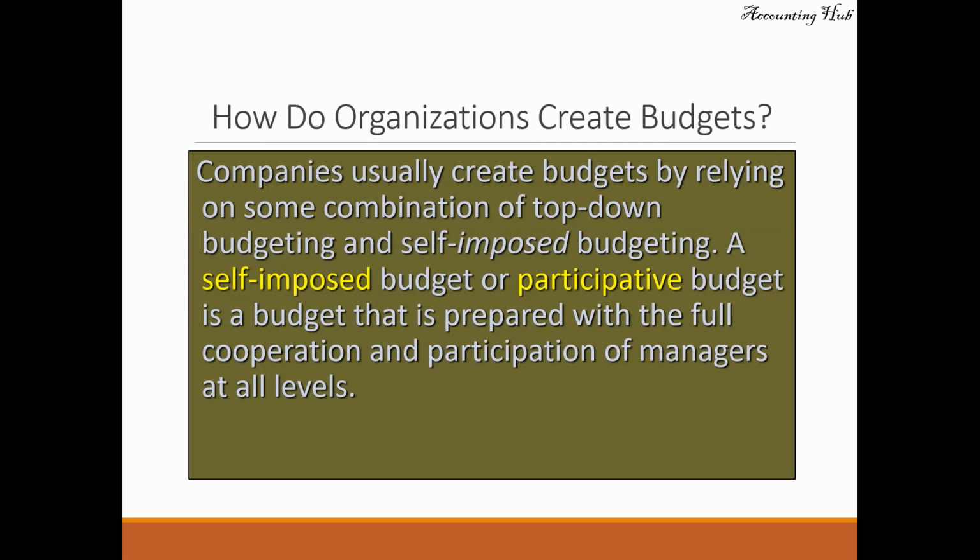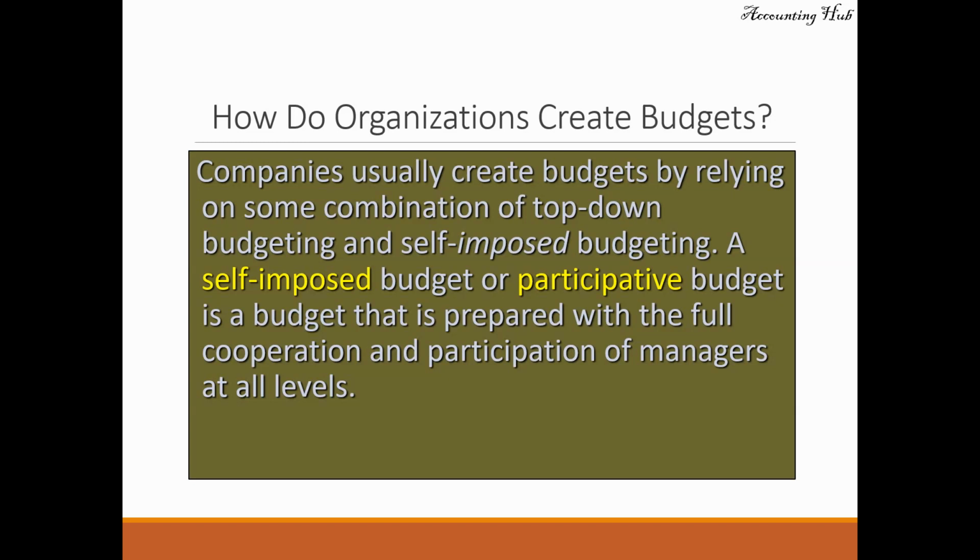And how do they create budgets? Companies usually create budgets by relying on some combination of top-down budget and self-imposed budget. So top-down, the top management decides the budget. Self-imposed or participative budget is a budget that is prepared with the full cooperation and participation of managers.